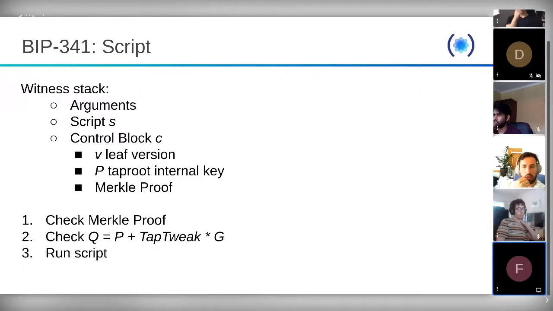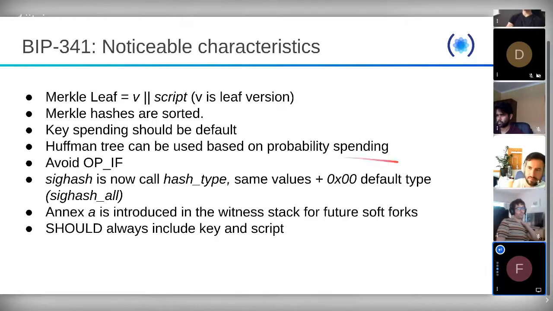Because now it looks like it grew. In old witness scripts, you had arguments and a script. Now you also have to pass in the control block. Yeah. I'm going to answer that in 2 seconds. Any other question at this stage? No. Yeah. So you both pointed out something, so I'm going to jump here.